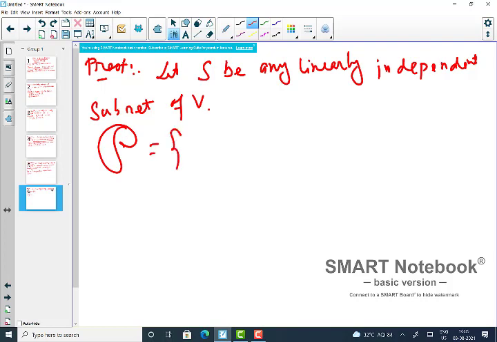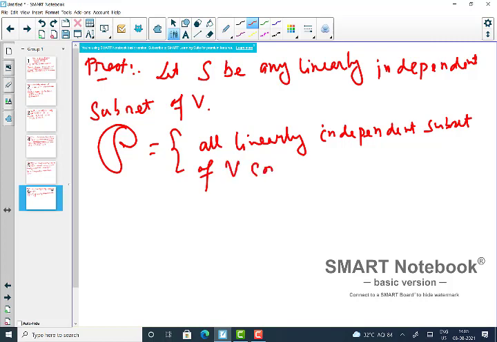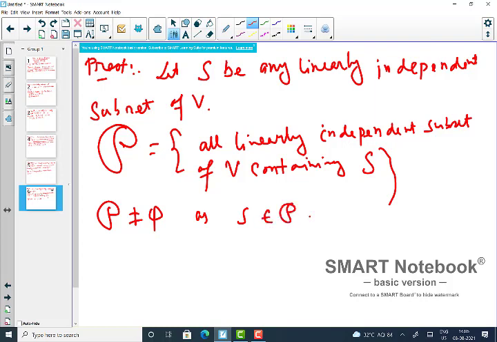So P is the collection of all linearly independent subsets of V containing S. We collect all such subsets which contain S. Obviously this P is non-empty, as S belongs to P, since S contains itself and is linearly independent.